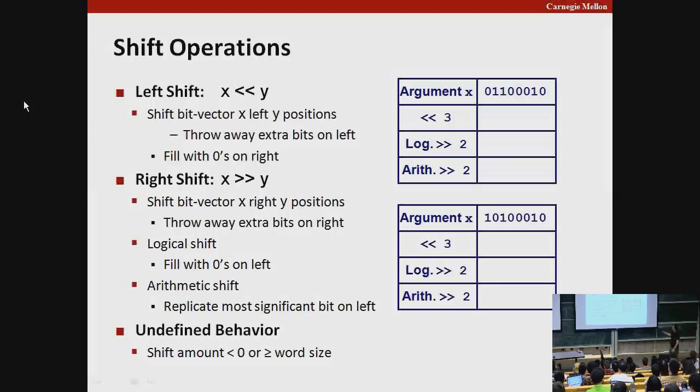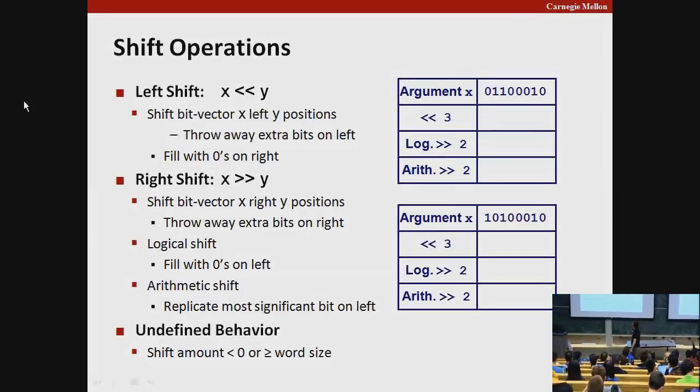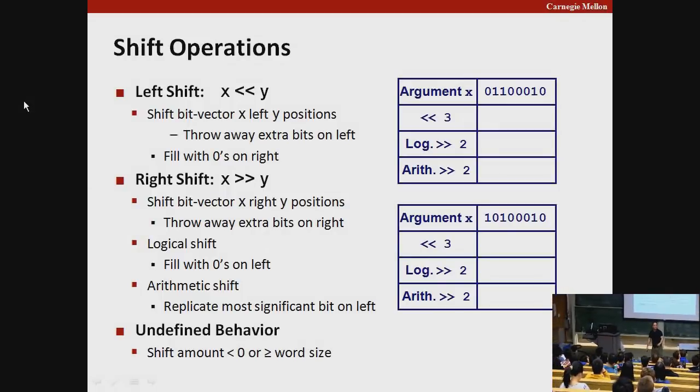An arithmetic right shift respects that. So if the high bit is a 1, it inserts 1s. If the high bit is a 0, it inserts 0s. A logical right shift doesn't. It always inserts 0s. And again, when we talk about 2's complement in just a few minutes, we'll talk about why that is.